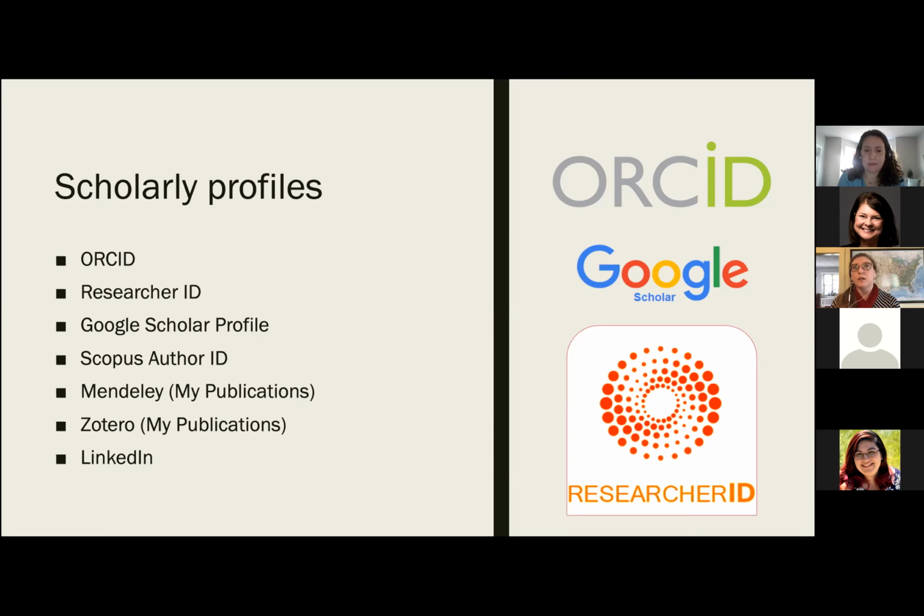People who change their gender identity, people who marry and take on another name, people who are international scholars and have one spelling of their name in one country and then it's transliterated into a different language, and so they have a different spelling of their name in publications in a different language. The purpose of these profiles is really to help people to disambiguate and for you to have an exhaustive central list of your publications.